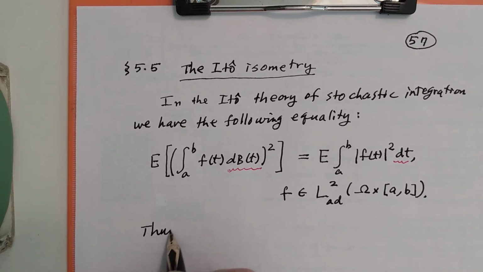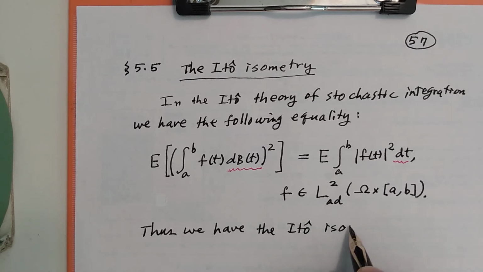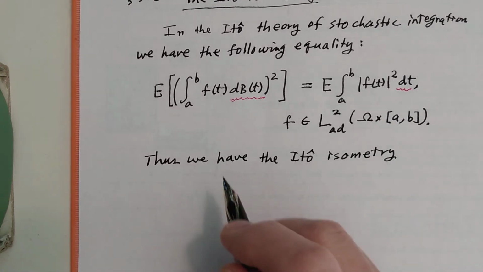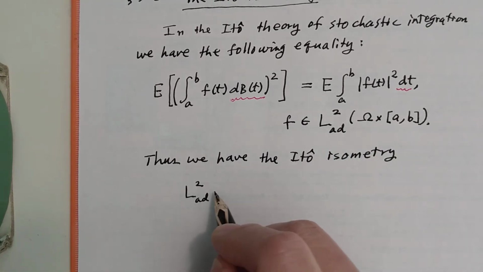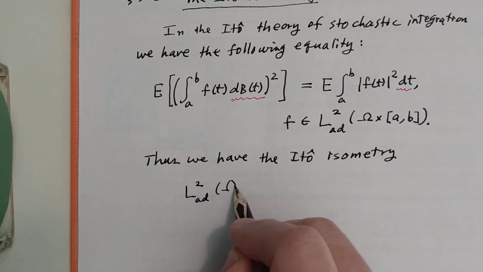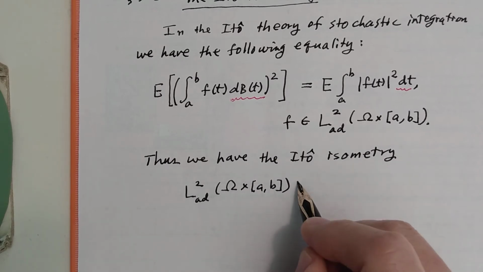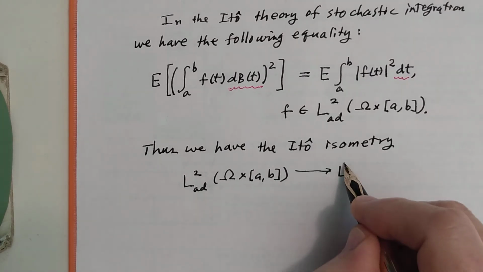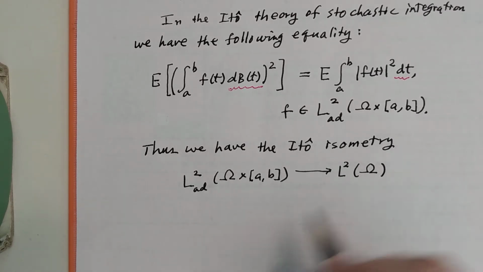That we have the Ito isometry from this space L2 of adapted stochastic processes, Omega times [a,b], to the L2 space of the probability space Omega.